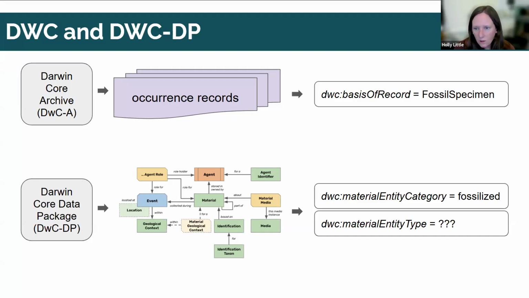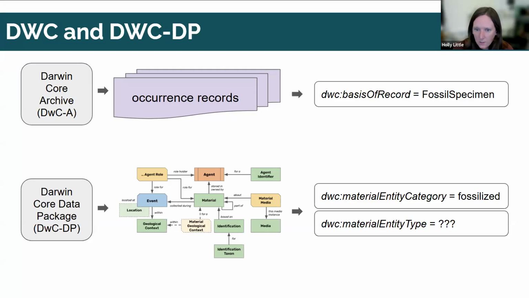So there's a newer Darwin core term, new as of last year, right? Yes, that's right. For material entity type. And then of course there's the work that's been ongoing for the last few years and in review right now of the new Darwin core data package, which reorients the data model around a material class and might change how we would be mapping our records if you're coming from a natural history collection, a paleo collection, or a geology collection, and how you might map that data to Darwin core.